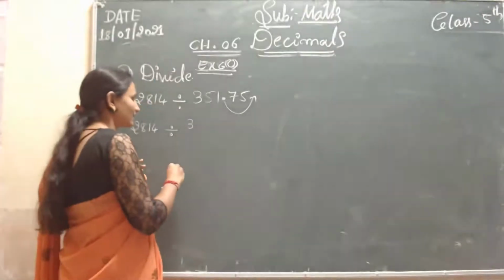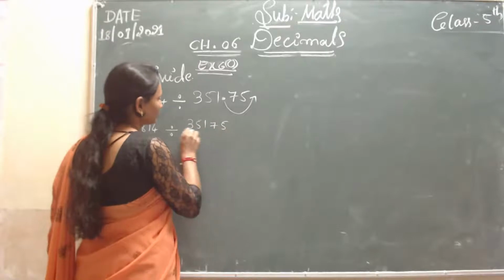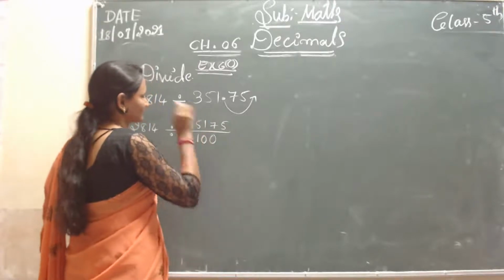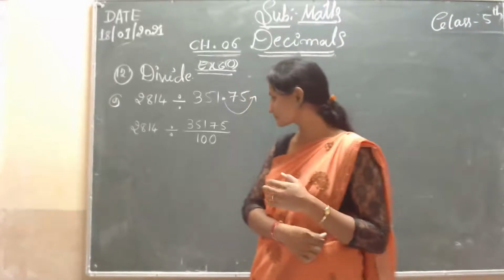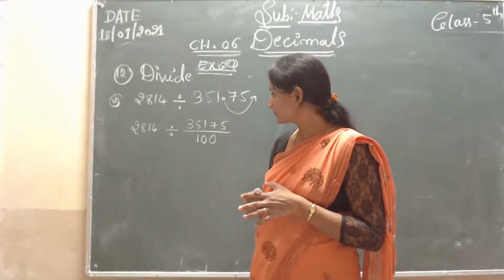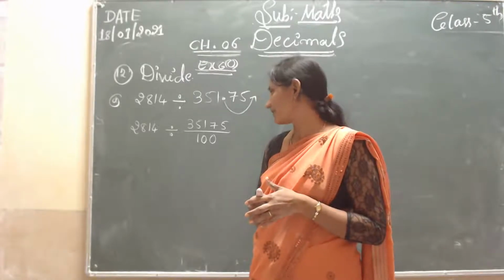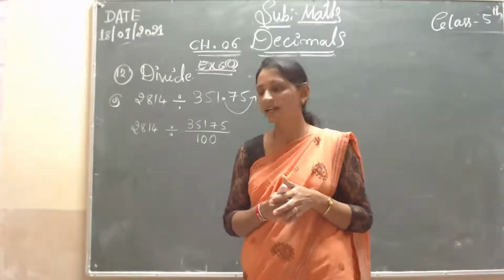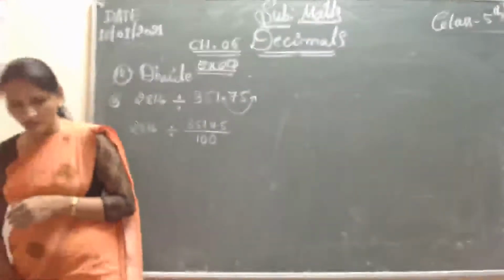So you have to write 35175 by 100. Students, what is that? 35175 by 100. Yes, students, you know by 100. Okay.